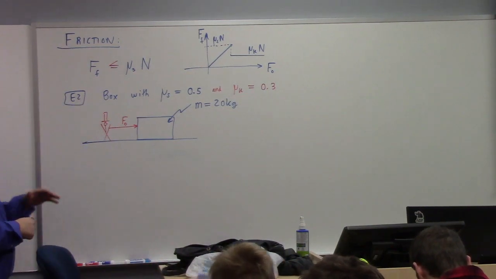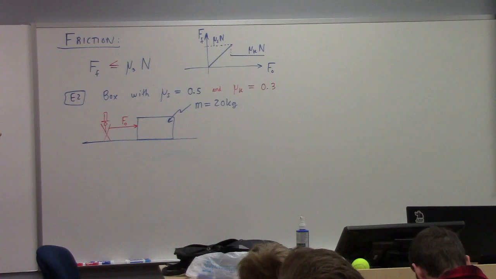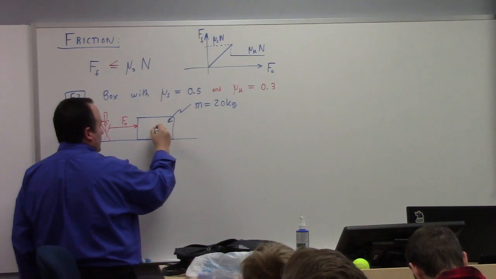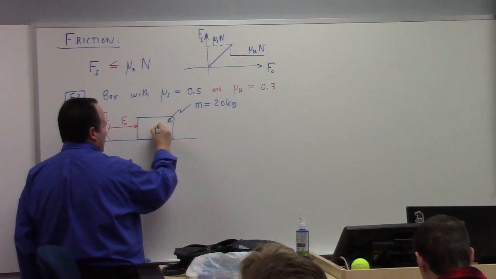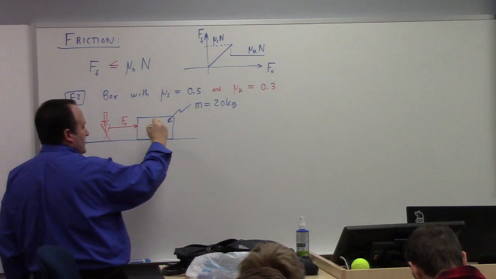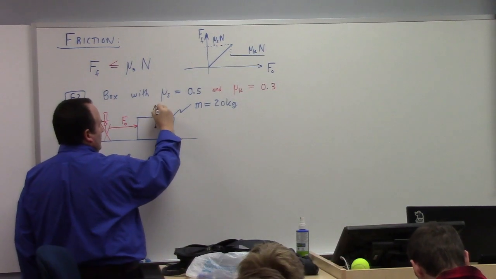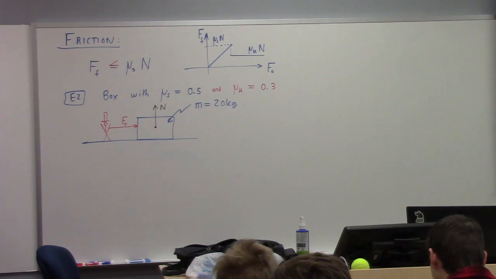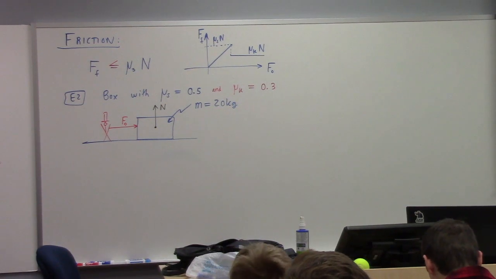Let's talk about it. If the box is sitting on the plane, we can draw what's called a free body diagram on it. Look at the center of mass of the box. The normal force goes upward; it's the force that the surface the box is sitting on pushes up on the box.